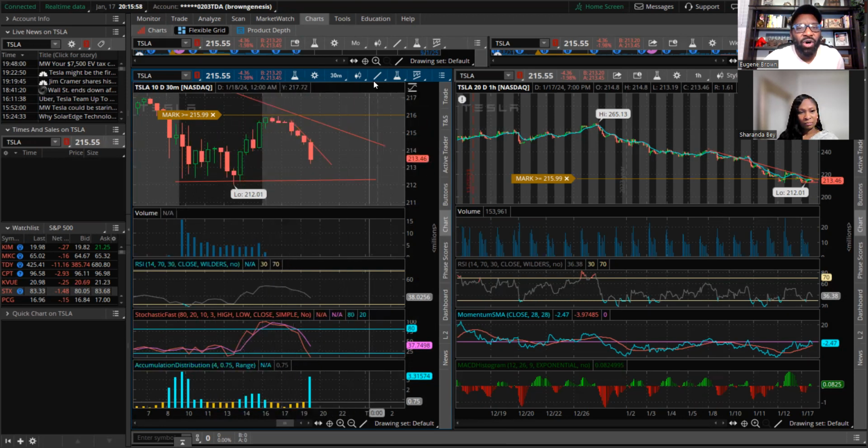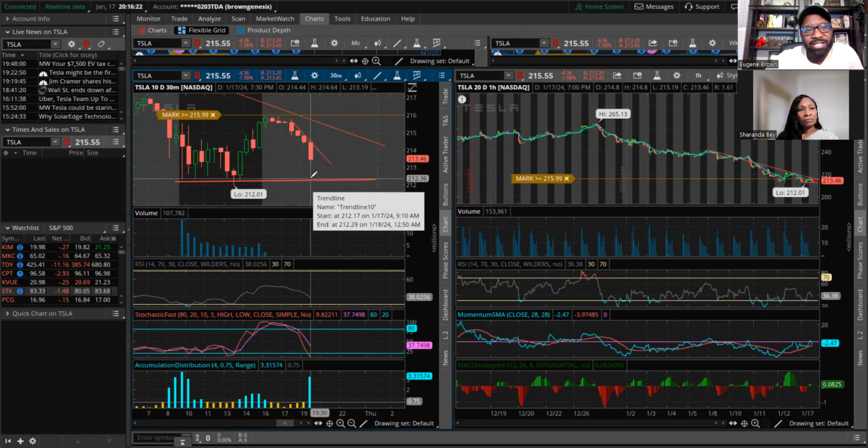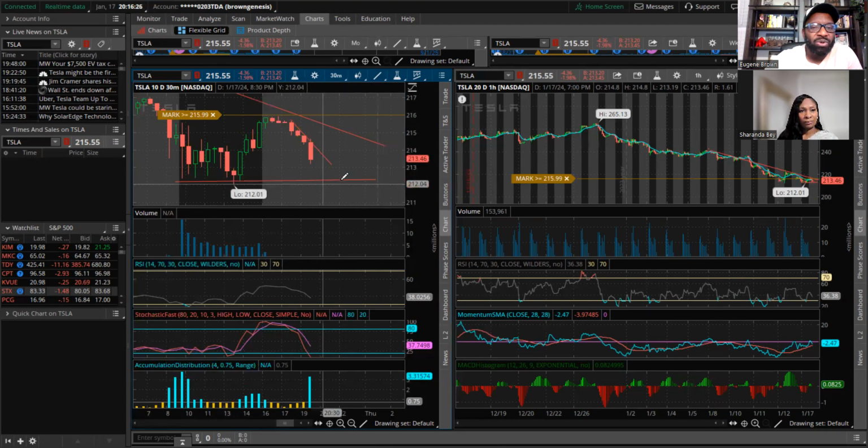So I know on a 30-minute time frame, there's a lot of support here, because the more often a stock hits a support area, the stronger it is. So it hit it a lot. You're looking at an hour, 2 hour, 3 hour, 4 hour, 5.5 hours of attempting to hit this thing, but holding. And so, I might be looking to buy Tesla if it came down to 212, knowing that it might hold support and spin back up to 215.